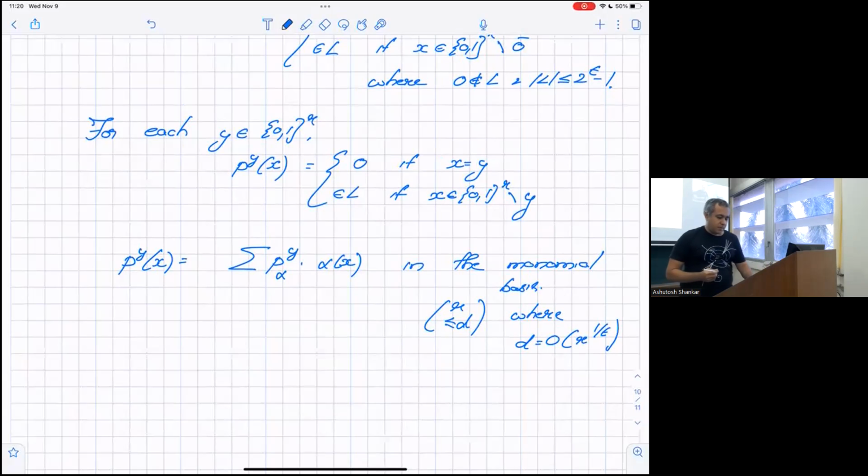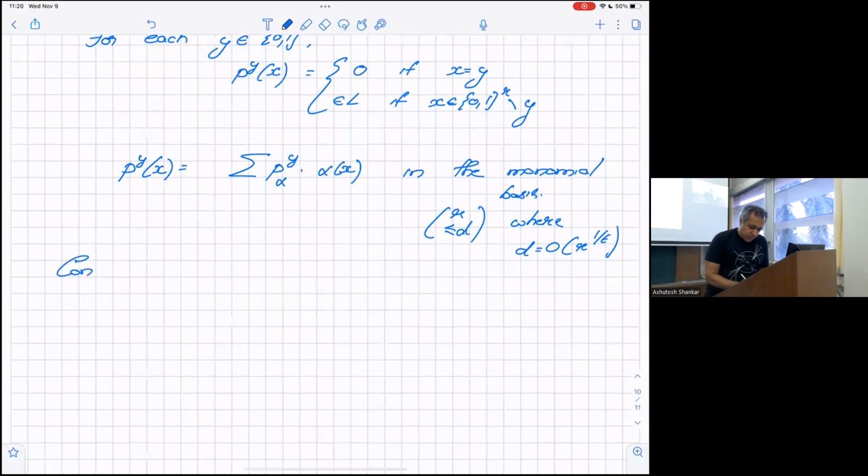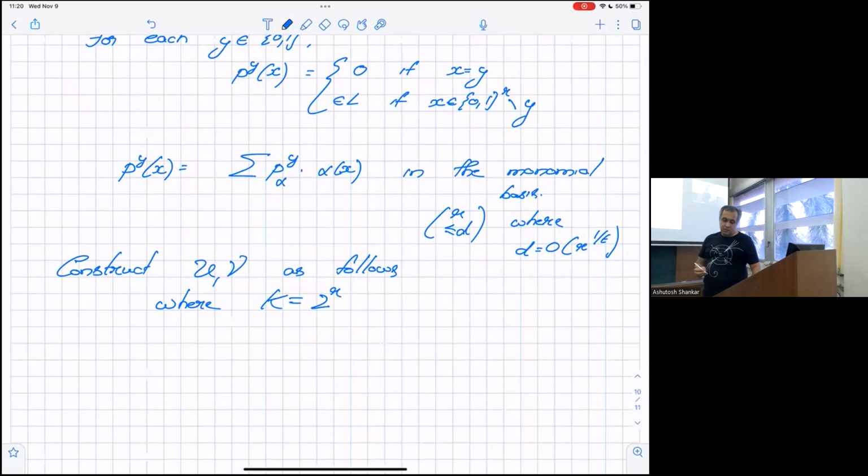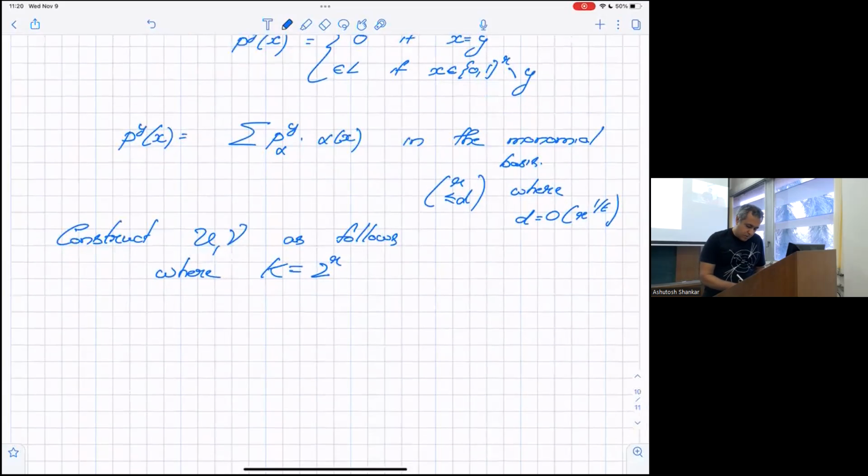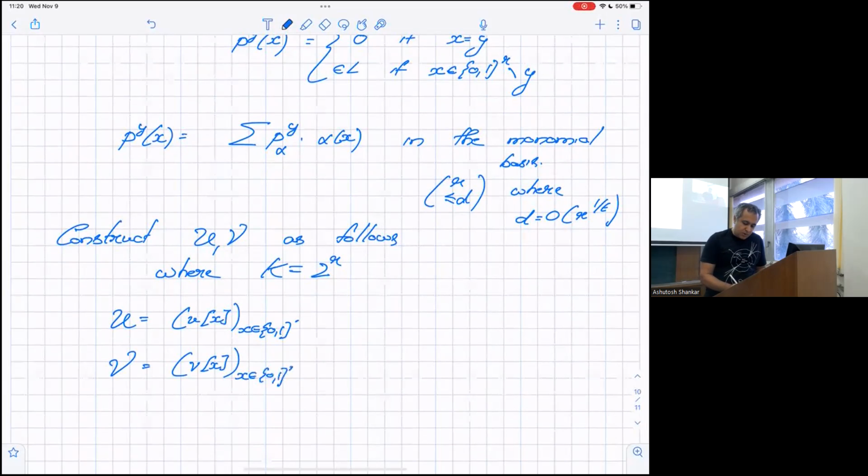So I will construct u and v as follows, where k is exactly 2 to the power r. So u is basically going to be a ux for each x in {0,1}^r. V is going to be a vy for each y in {0,1}^r.